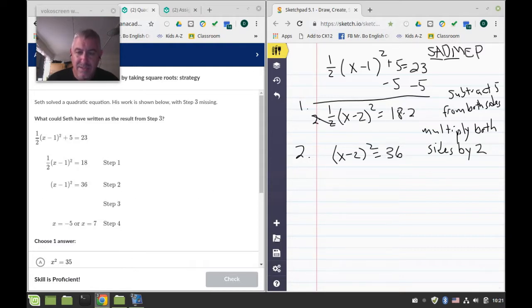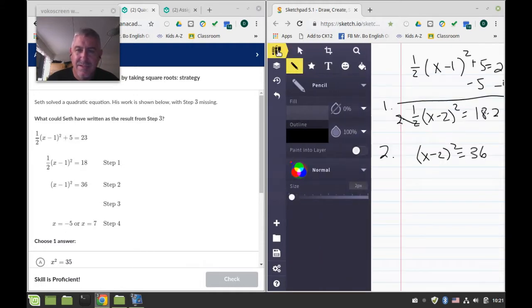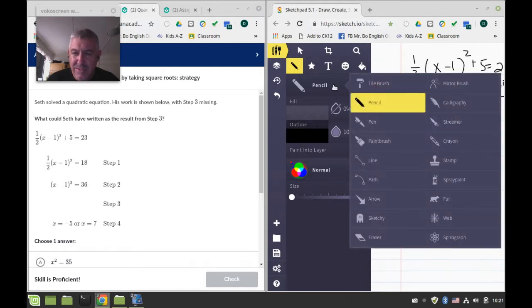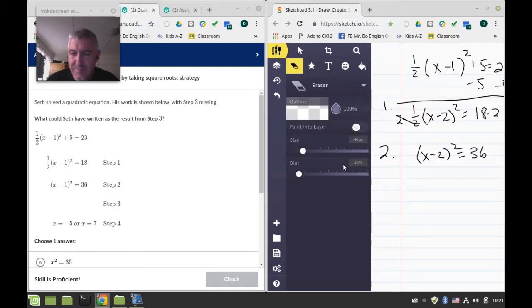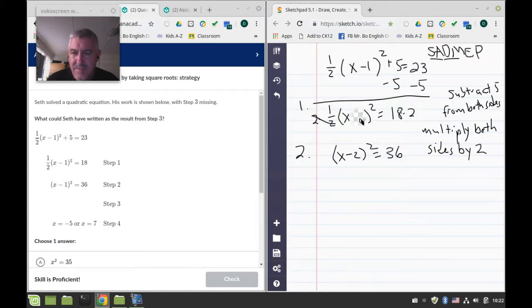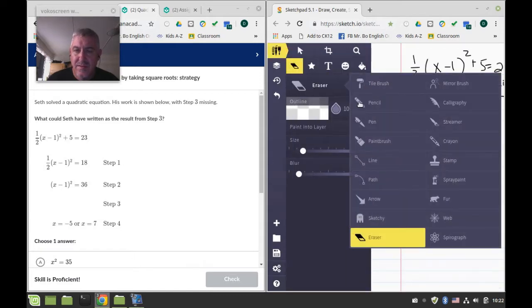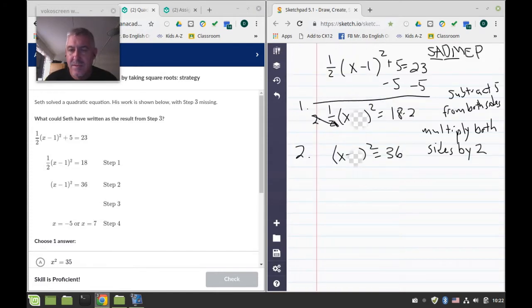Aha, it happens sometimes. I'm going to find my eraser. Let's do this again: x minus 1 and x minus 1. There we go. (x minus 1) squared is equal to 36, so we're on the right track.